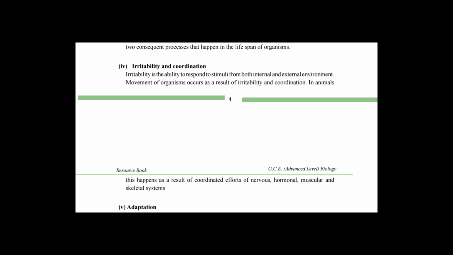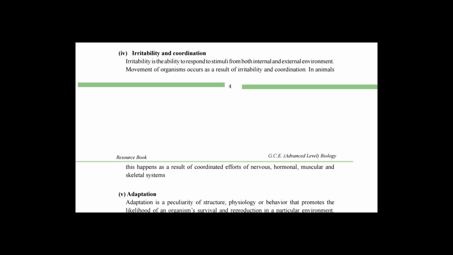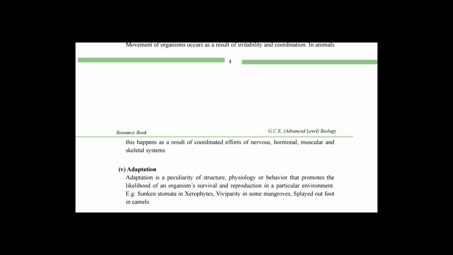So if in the paper they ask how does the movement occur, these movements occur as a result of irritability and coordination. Both should happen for the movement to happen. Okay. In animals, this happens as a result of coordinated efforts of nervous, hormonal, muscular and skeletal systems.